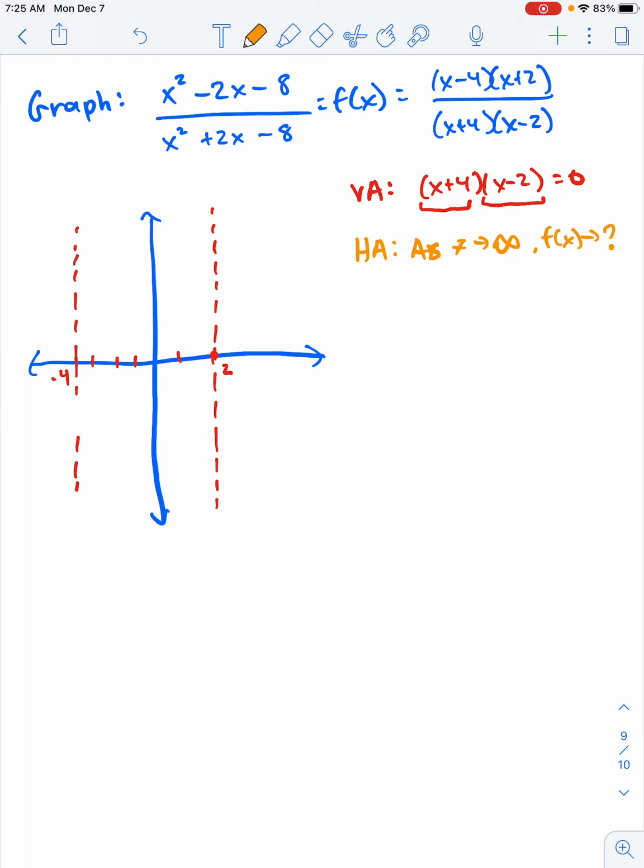We can remember a rule that if the degree of the numerator is equal to the degree of the denominator, which in this case it is, it's basically just going to be the ratio between those leading coefficients. Because they're both 1, that's just going to equal 1. So we know that our horizontal asymptote is at y equals 1.